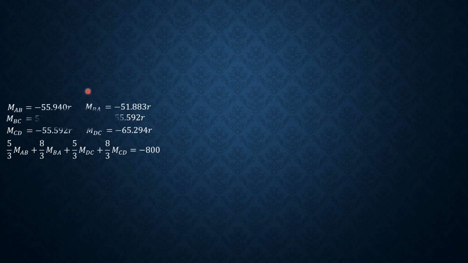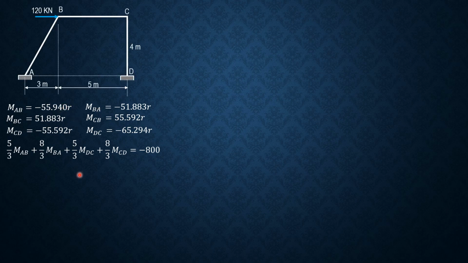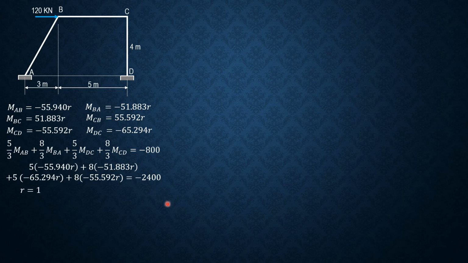So the values of moments in terms of R: 5 thirds of quantity negative 55.94 R plus 8, multiply everything by 3, plus 8 of MBA negative 51.883 R plus 5 MDC negative 65.294 R plus 8 of MCD negative 55.592. Negative 800 times 3 is negative 2,400. So simplifying, solving for R is 1.63714.